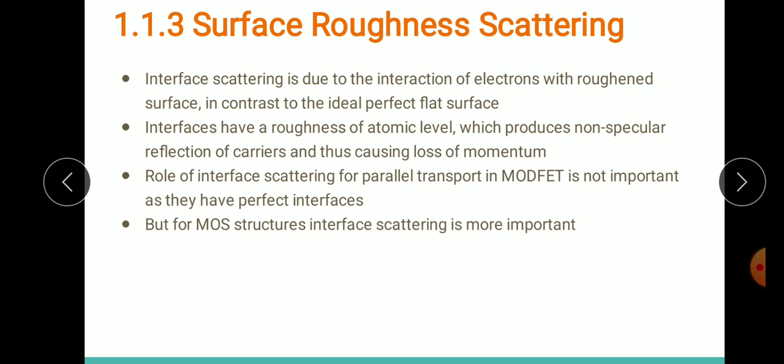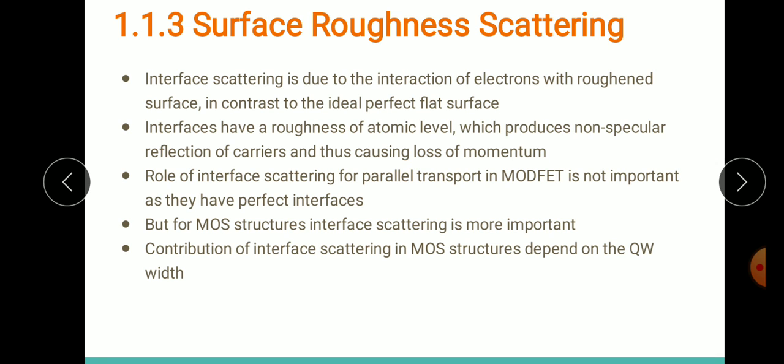In most devices, we have an oxide layer, right? This oxide layer is in fact grown thermally. It's not like we can make it perfectly using MBE. We can't do that. So in most structures, this oxide layer is grown thermally, and as a result, your interface is not as perfect. We have roughness in the case of most structures. The interface is not perfect as in the case of MOSFET.